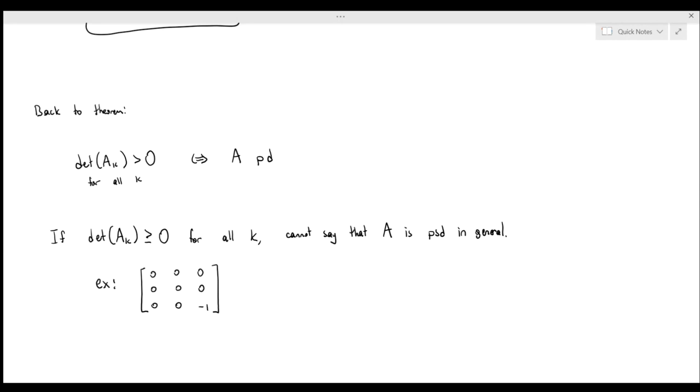If you check each of the upper left submatrices, all of them have determinant equal to 0.